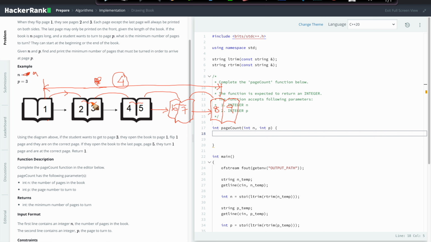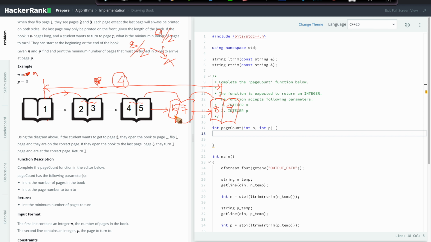That's why if n is 8 or 9 whatever, can we say it is 8 divided by 2? Both 8 divided by 2 and 9 divided by 2 will give us 4.